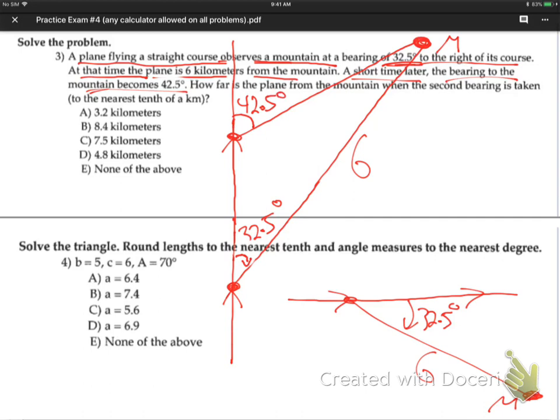The bearing is from your heading. From straight up, if you're going straight up, or from straight right, if you're going straight right. You're heading straight up, and you look to the right, 42. But now it's a bigger angle because you're getting closer to the mountain. That makes sense?